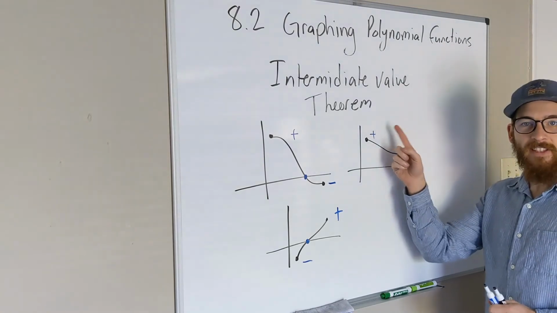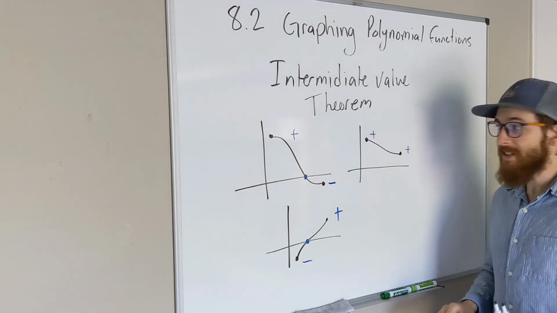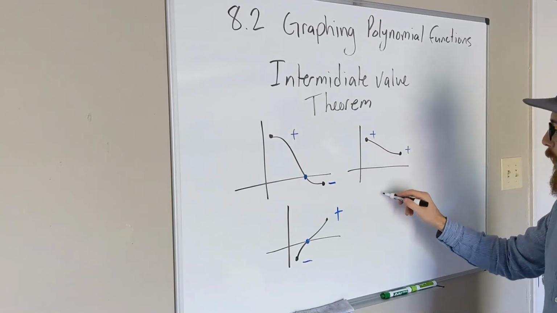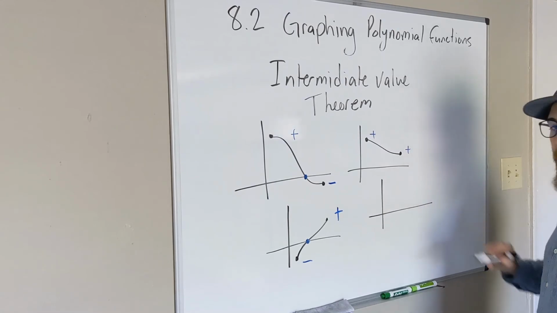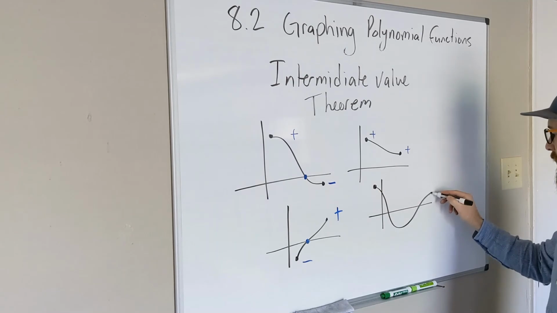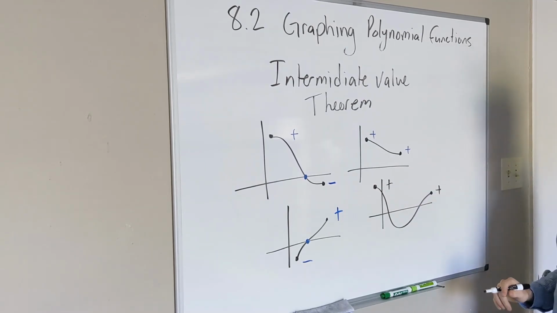Now, if the signs are the same, it does not mean that it didn't cross. It just means that you don't know that it crossed. And here's an example of what I mean. If I have a function that looks like this, and I have a point that I picked here, and my function does this, and I have a point, this one's positive, this one's positive.